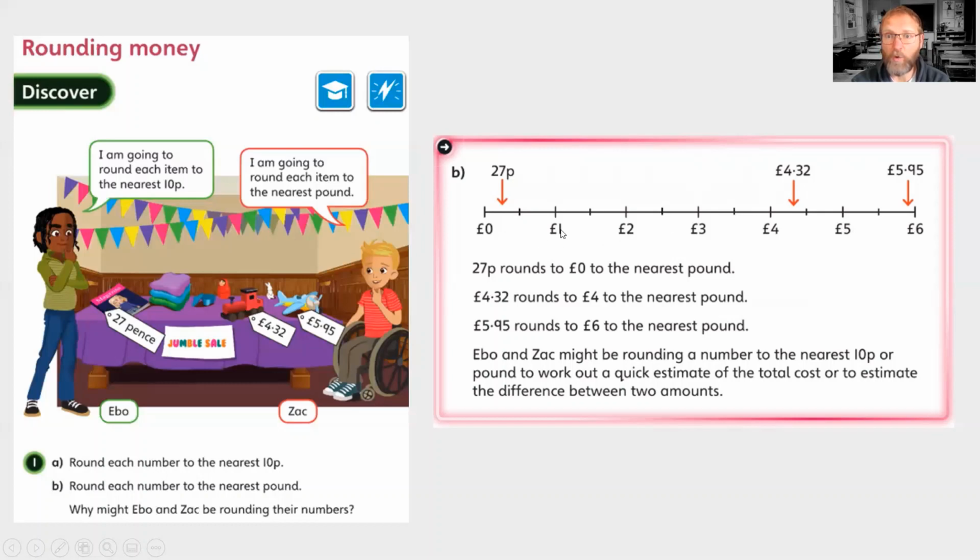These are the whole pounds underneath, and this is what we're rounding to. So 27 pence will go here on our number line. It's less than 50 pence, and you can see quite easily that we would round that down to £0.